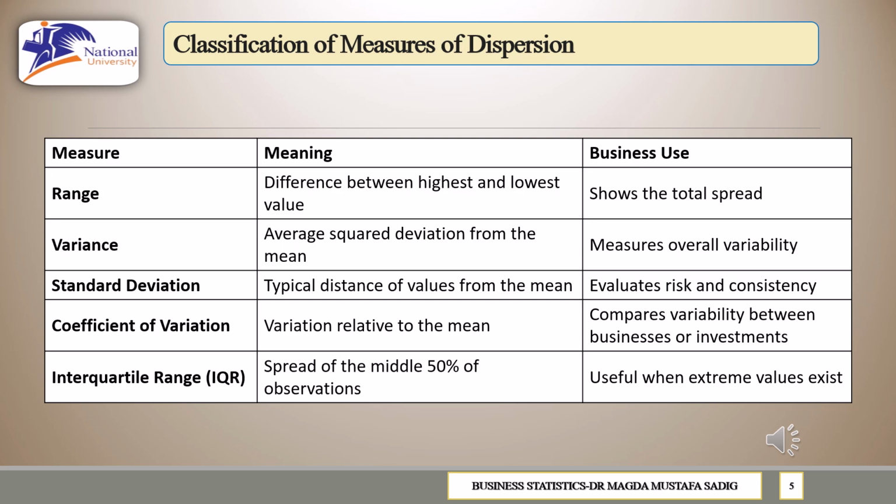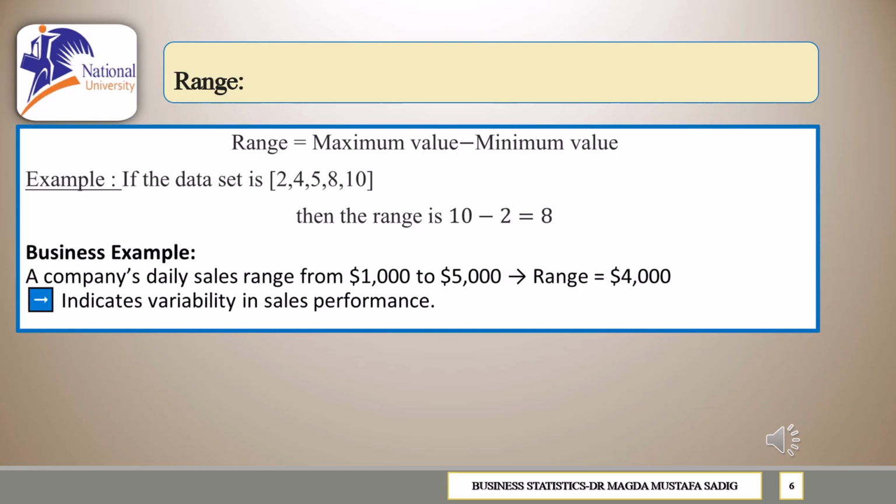The interquartile range measures the spread of the middle 50% of observations. It is useful when extreme values are present because it focuses on the central part of the data. So today, our main focus will be on range, variance, standard deviation, and coefficient of variation.